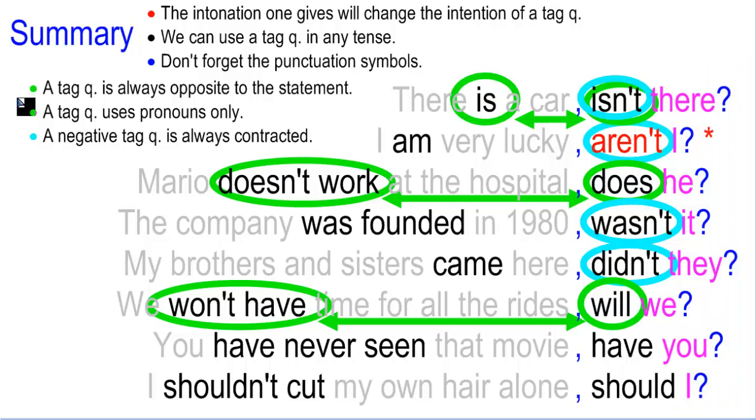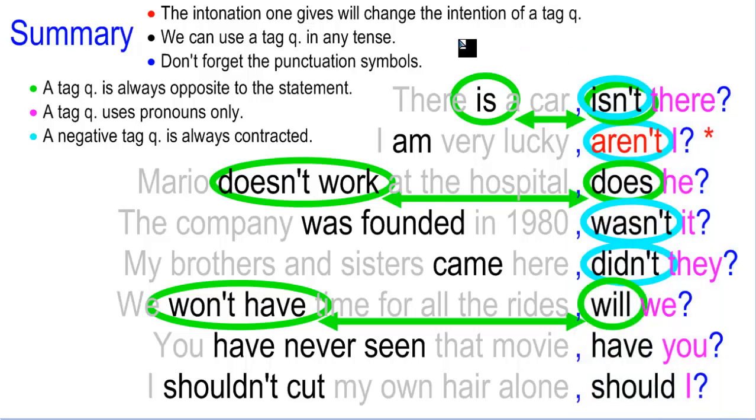And as we saw before, a tag question is always opposite to the statement. A tag question uses pronouns only. And if it's negative, the tag question is always contracted. Okay, don't forget, tag questions have two parts. The auxiliary or modal verb, and if it's negative, contracted, and the pronoun.